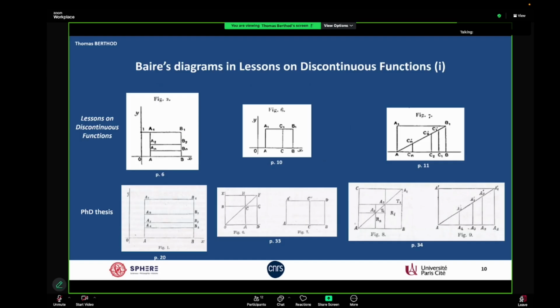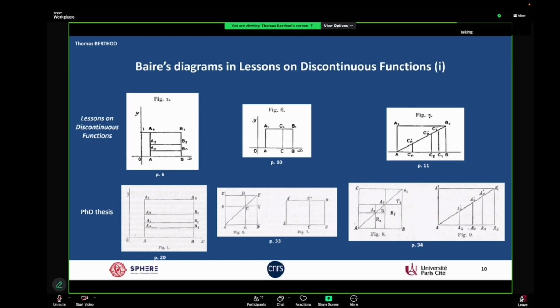You have the same sequence of diagrams and almost the same diagrams, but you could see one difference. For the diagrams in the middle, in his PhD thesis the two diagrams are in this disposition: diagram 6 is at the right of diagram 7 on the page. In his lessons, diagram 6 disappears.